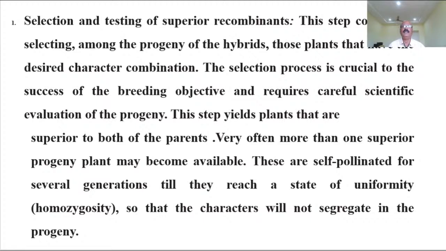This step yields plants that are superior to both of the parents. Very often, more than one superior progeny plant may become available. These are self pollinated for several generations till they reach a state of uniformity, homozygosity, so that the characters will not segregate in the progeny.